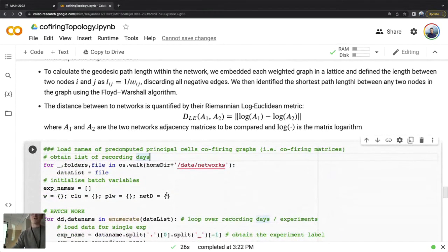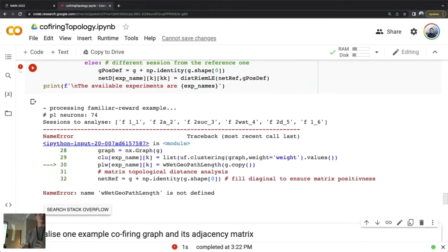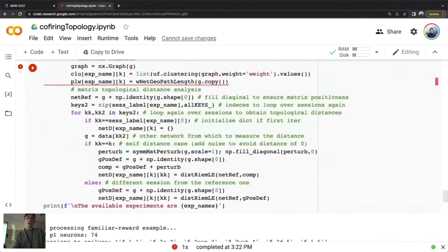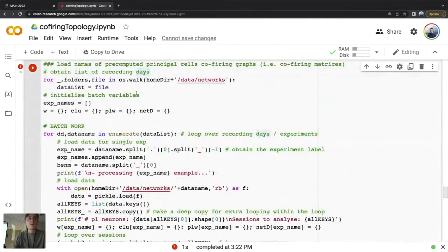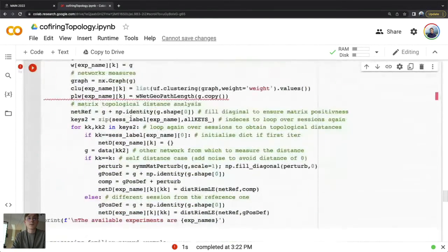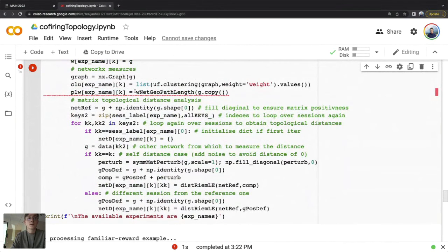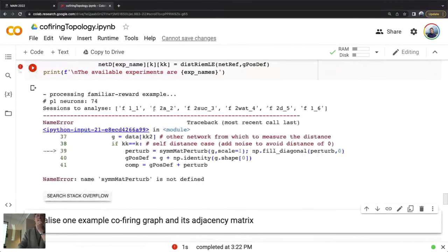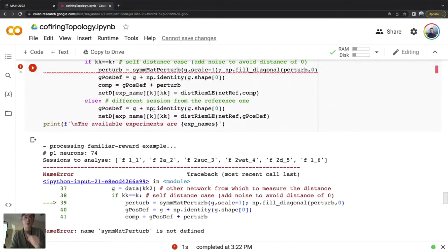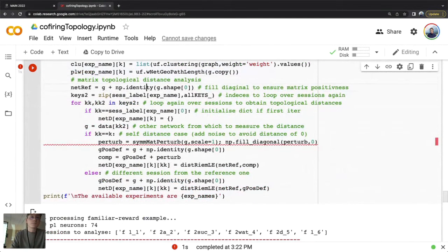Now, I realized this is a bit over time. And apparently I have again to set the functions, okay.